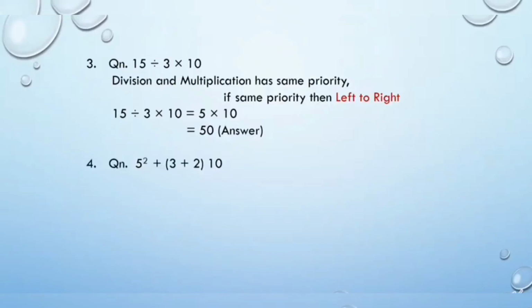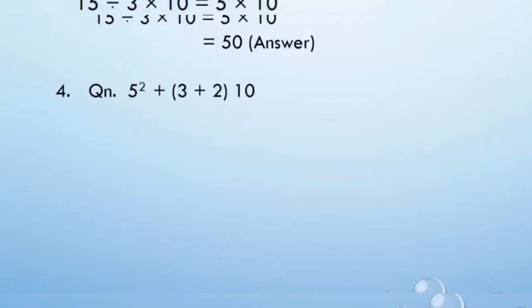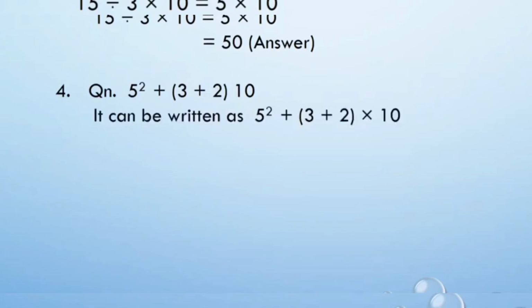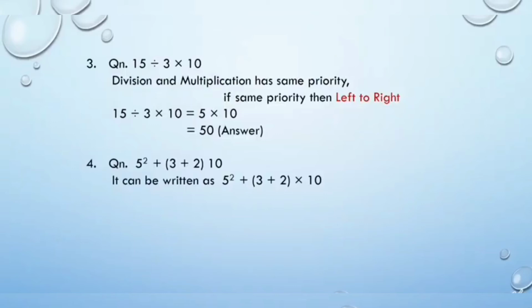So now we will see this problem also. Here there is square also. So the question is 5 square plus 3 plus 2 in brackets into 10. After the bracket, it is considered as multiplication. You can write the problem like this also: 5 square plus (3 plus 2) into 10.